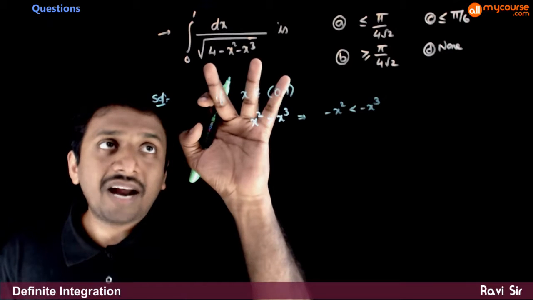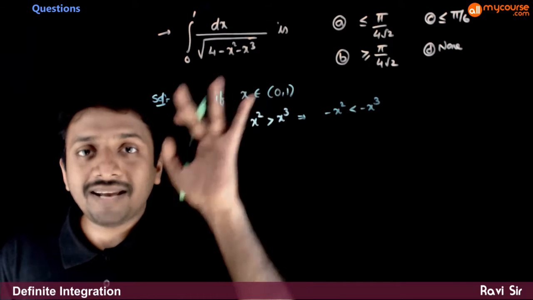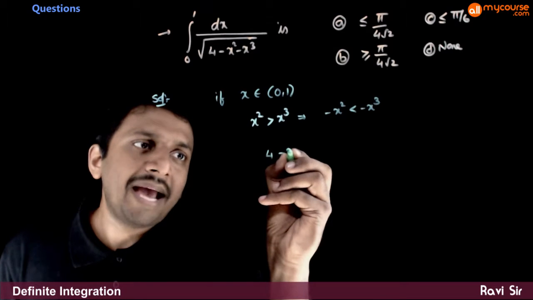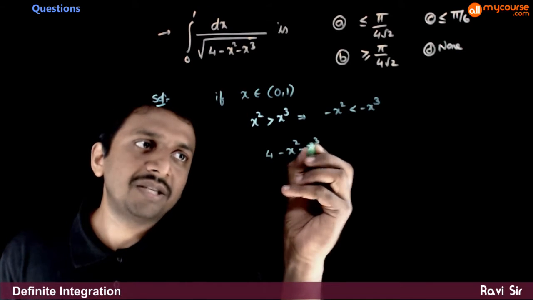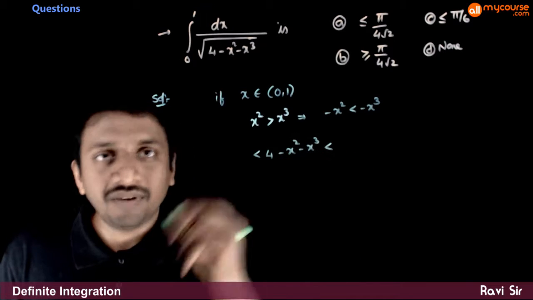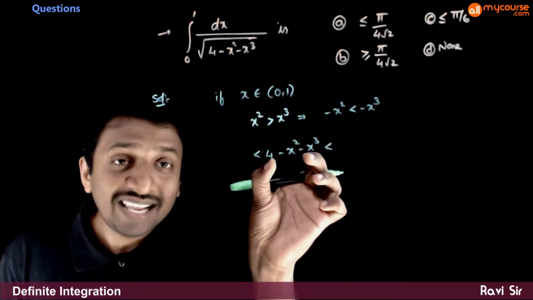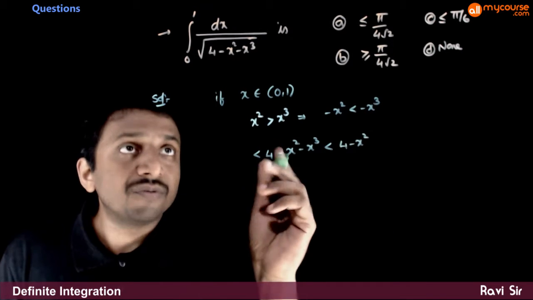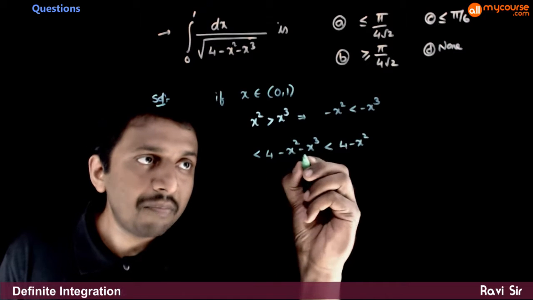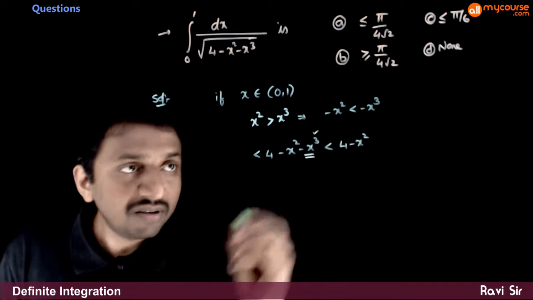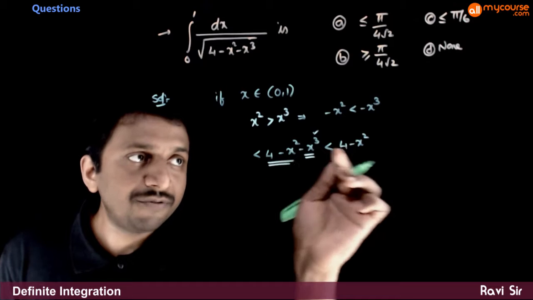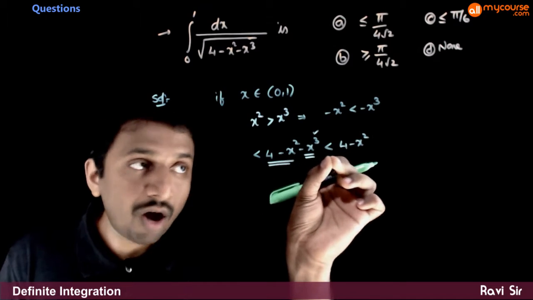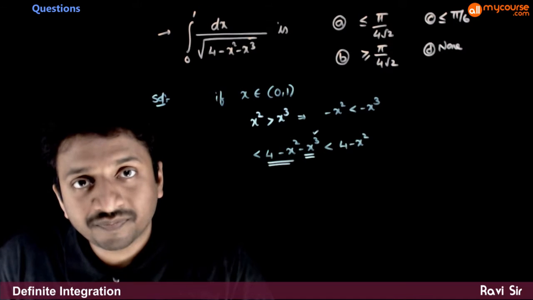Now let us try to bind this 4 minus x square minus x cube. It is a positive number, and you are subtracting something from 4 minus x square, so 4 minus x square minus x cube will always be less than 4 minus x square.